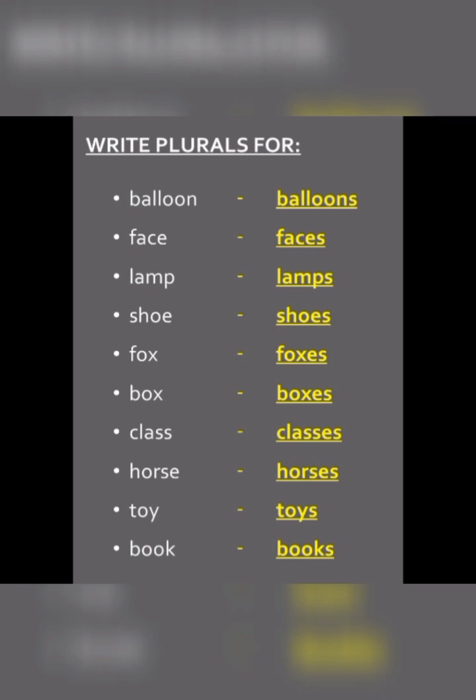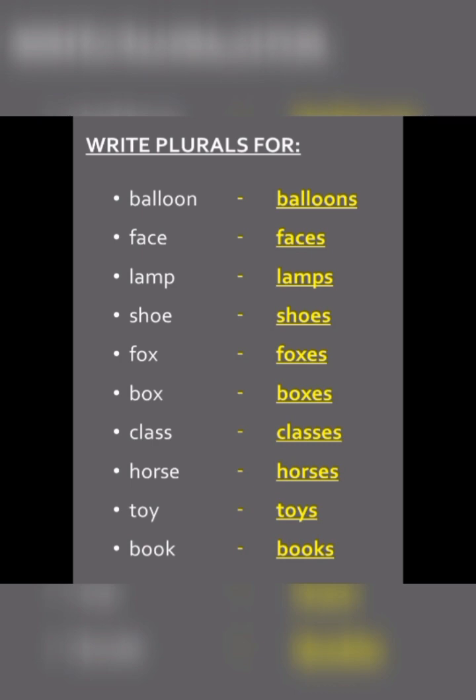Fox, foxes, F-O-X-E-S. Box, boxes, B-O-X-E-S. Class, classes, C-L-A-S-S-E-S. Horse, horses, H-O-R-S-E-S.